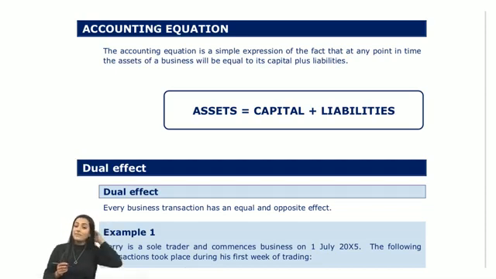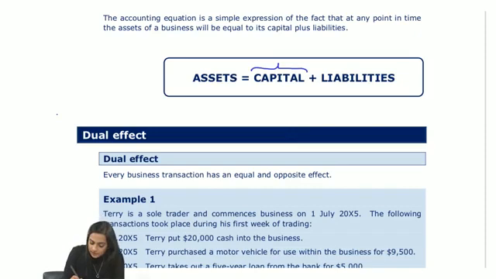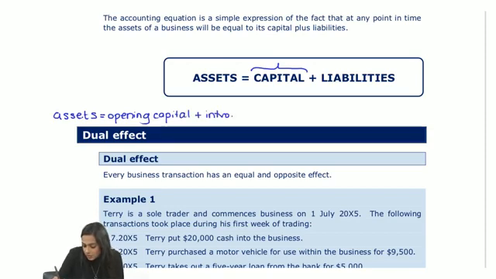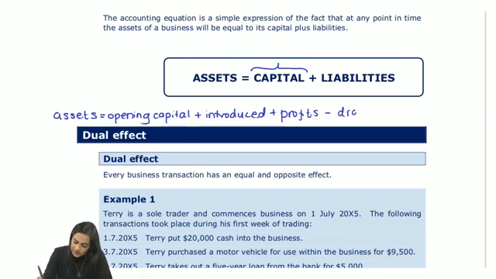And we can extend this accounting equation. We can extend it because we know how to calculate capital. So the extended equation is that your assets is equal to opening capital plus capital introduced plus profits minus drawings plus liabilities.